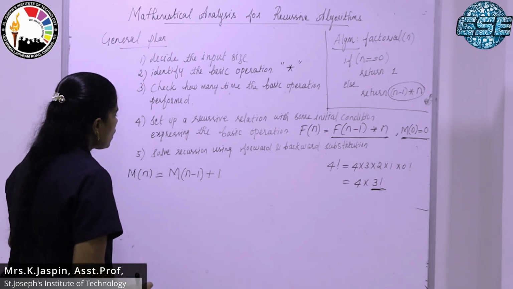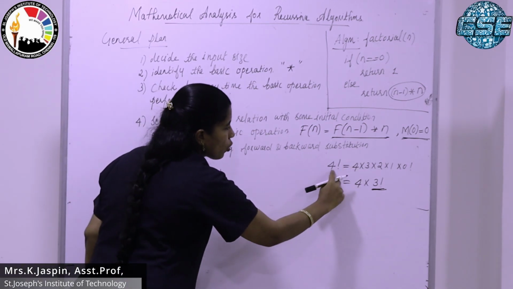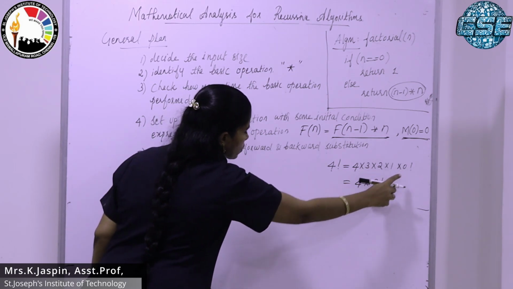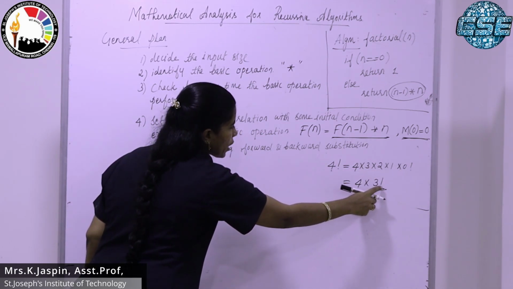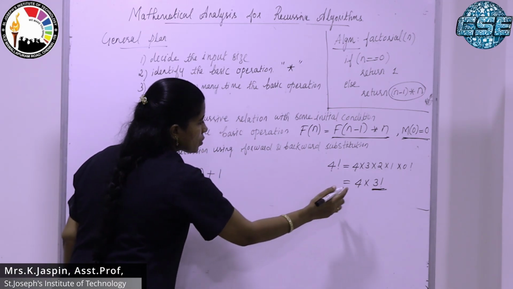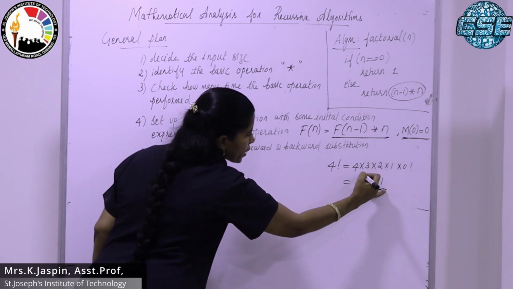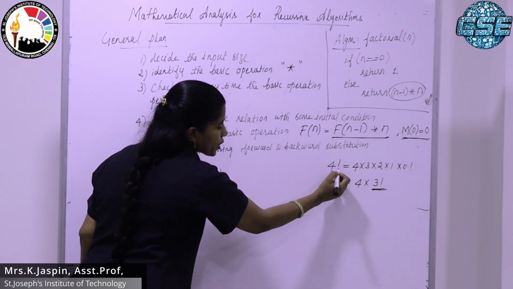While I am considering this, 4 factorial gives the expression 4 into 3 factorial. So here, 1, 2, 3, 4, I need to perform 4 multiplications for 4 factorial.